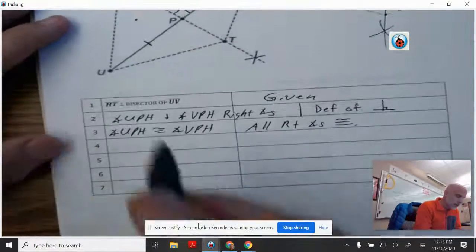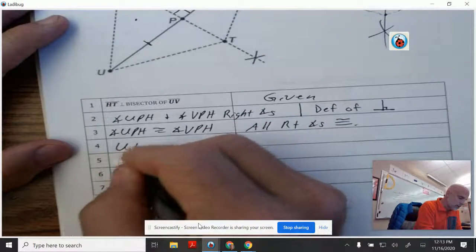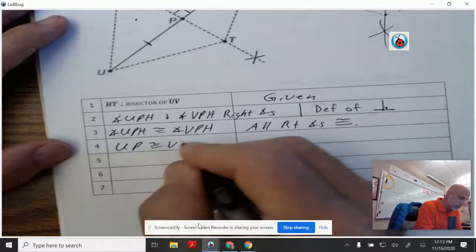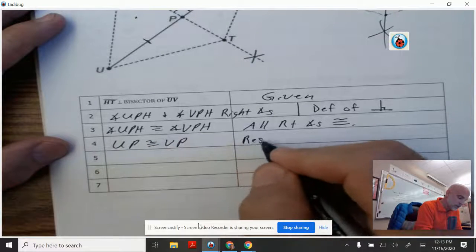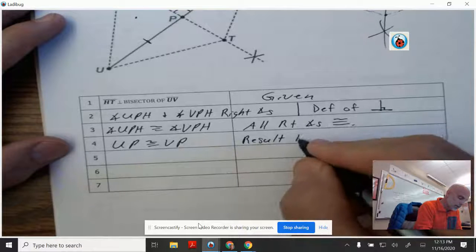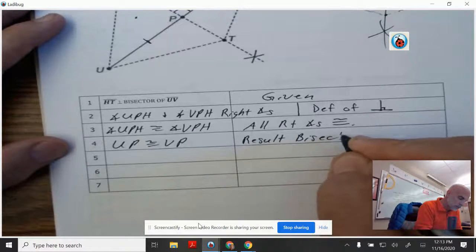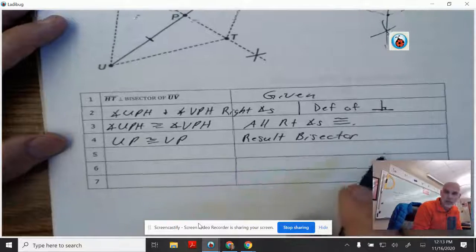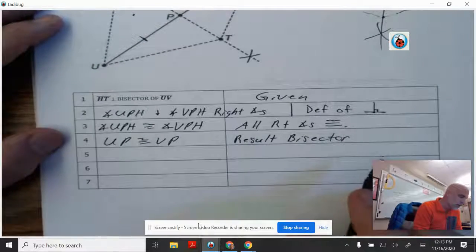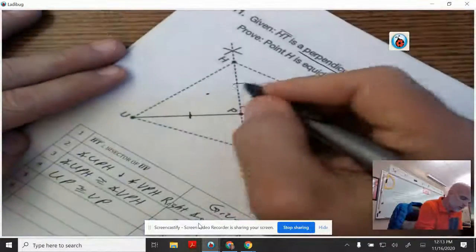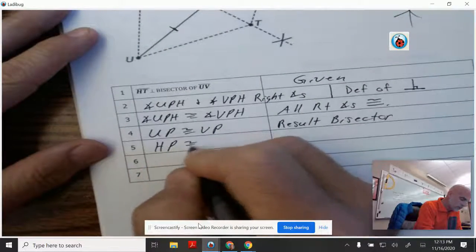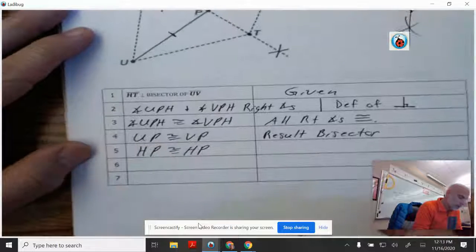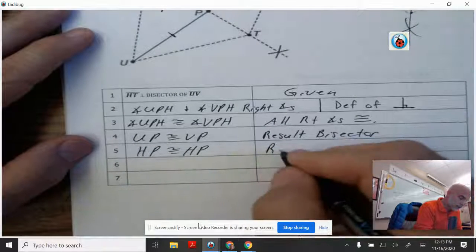We can also say that UP is congruent to VP because that's the definition of, or the result of, a bisector. Remember, when you have a bisector, you get two congruent parts. We also ought to be able to say that HP is congruent to itself because of the reflexive property.